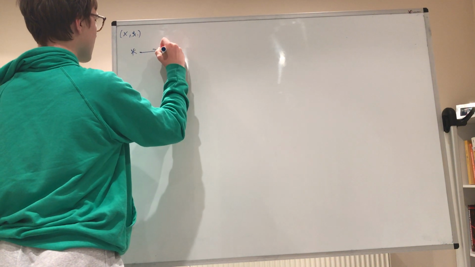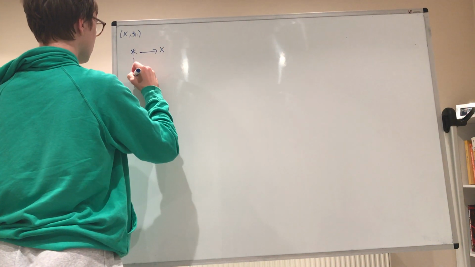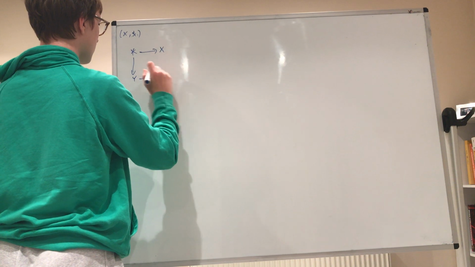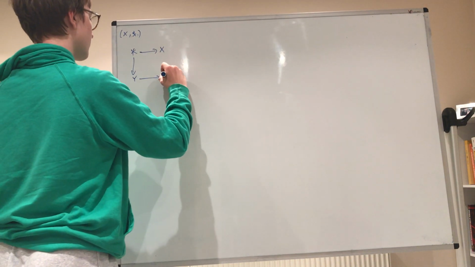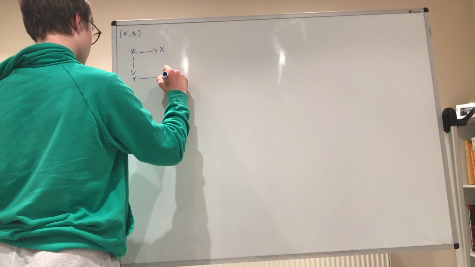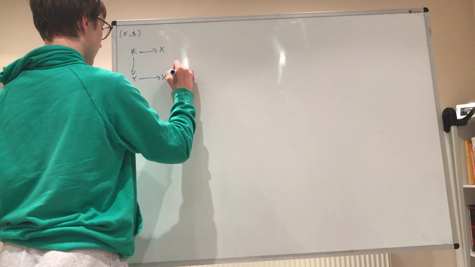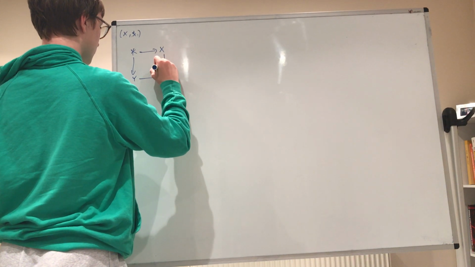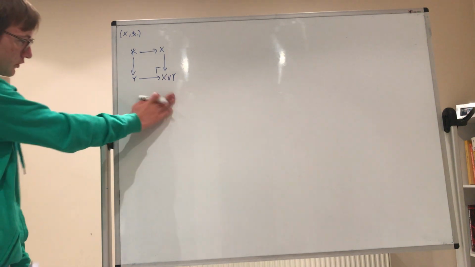So we have two maps, and then we have X wedge Y. So it's the following push out.